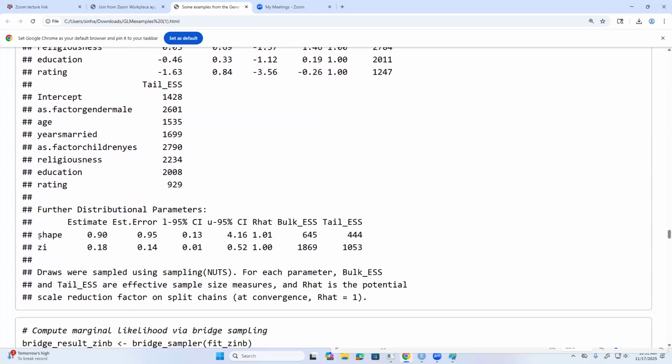So here you see shape parameter is 1 over omega, and this e to the power zi over 1 plus e to the power zi is the inflation parameter. You need a different notation to denote this inflation parameter. Don't use omega anymore, because omega you have already used to denote the dispersion parameter.